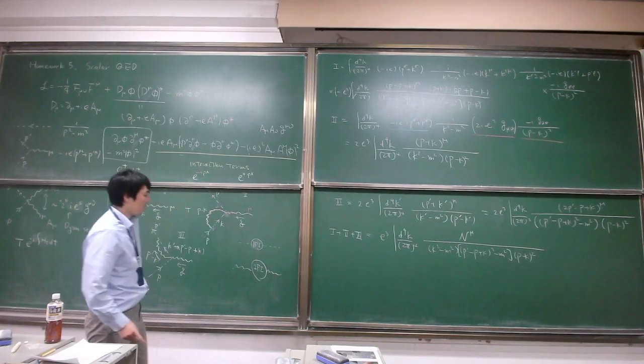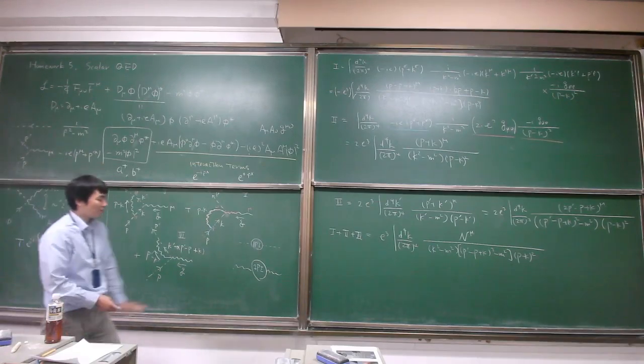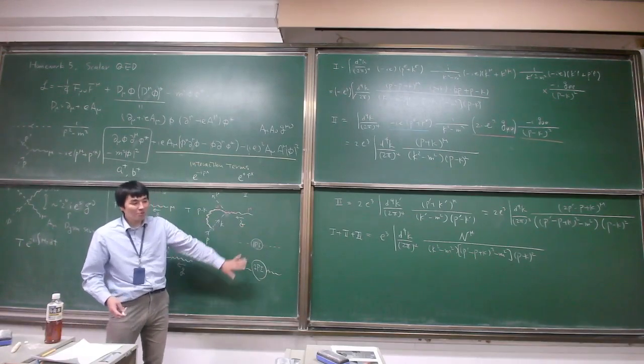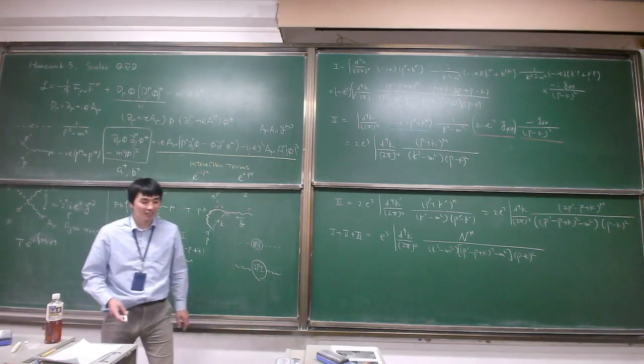So I mean, you have to consider all possible one-loop diagrams which contribute to this propagator in homework 6.